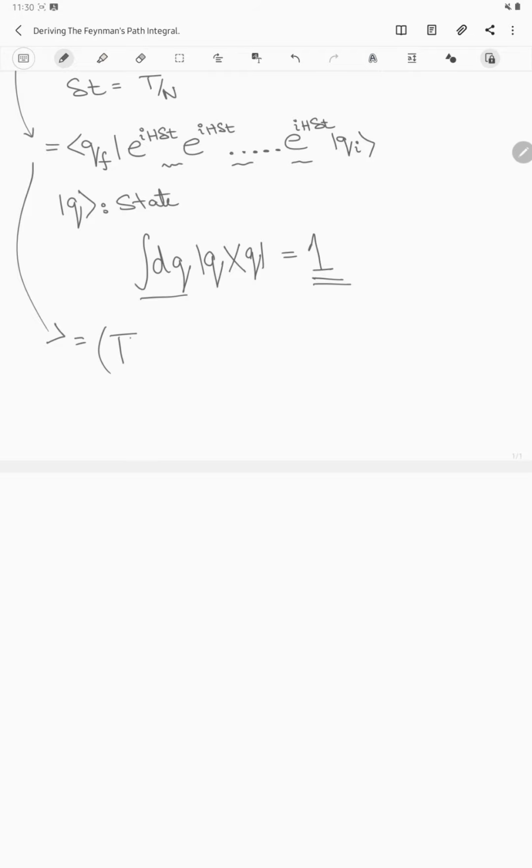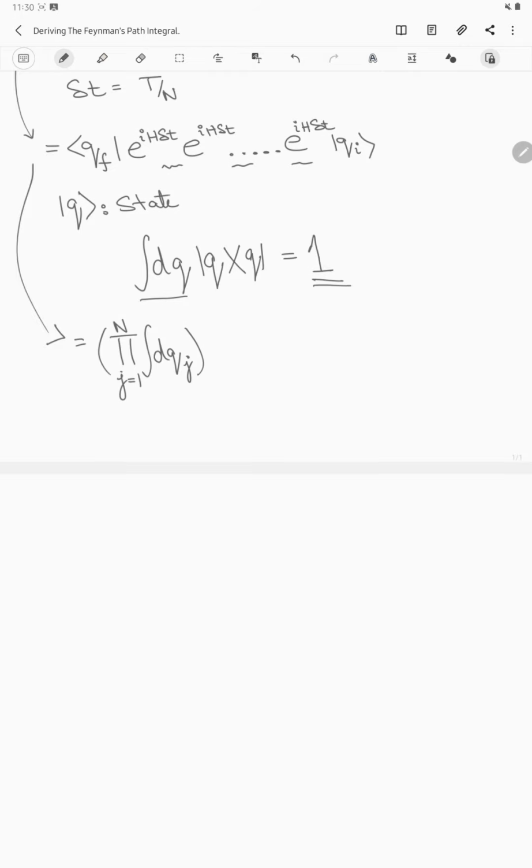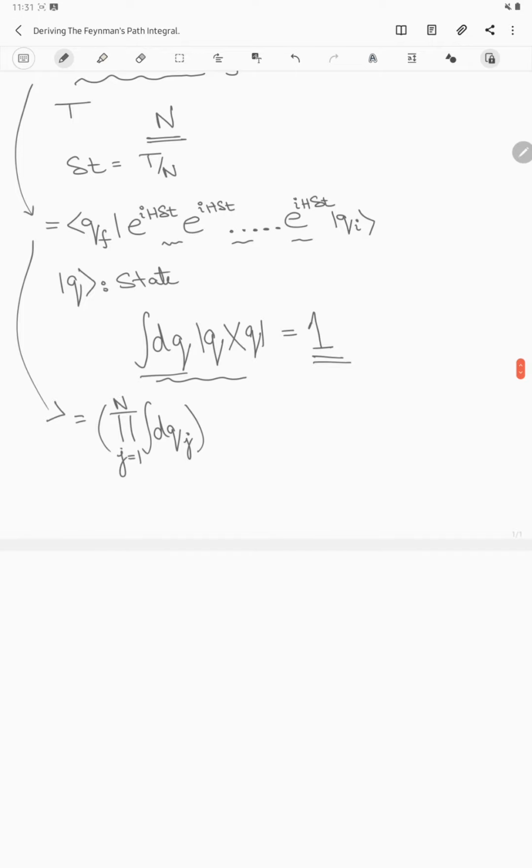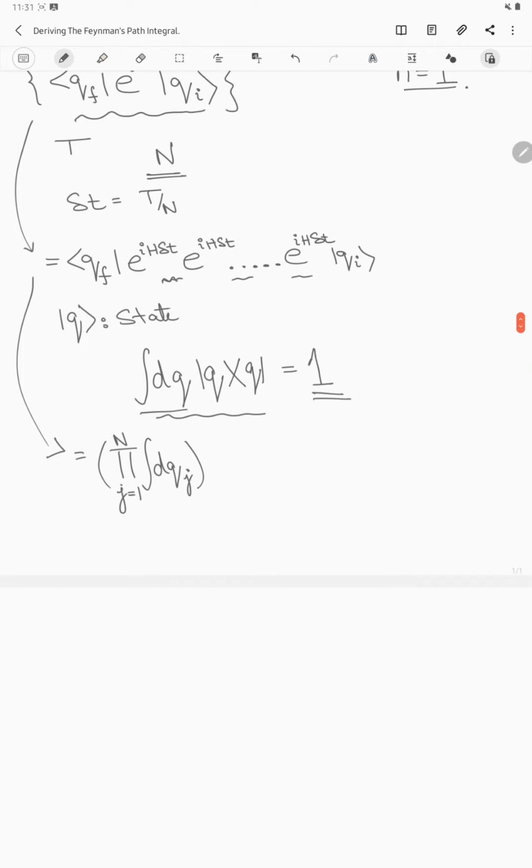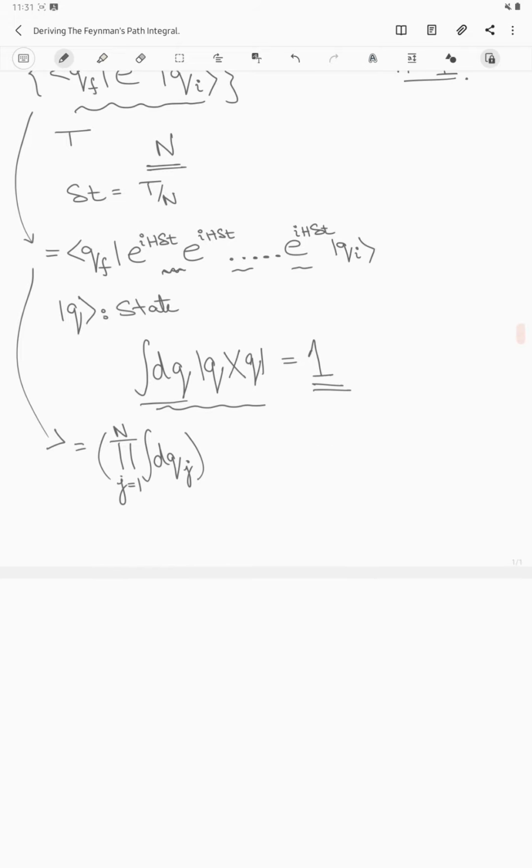Well, I just take the product from j equal to 1 to n of this integral dqj, right? Because we have to insert this relation for every factor of this exponential. So that means we have to insert it n times, right?